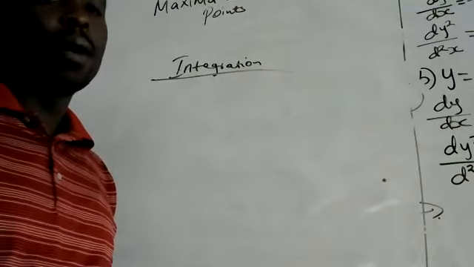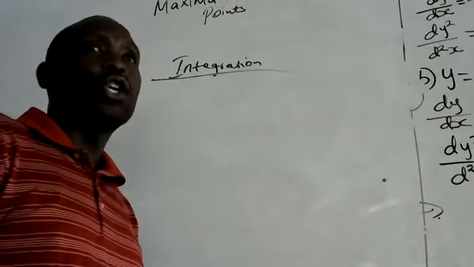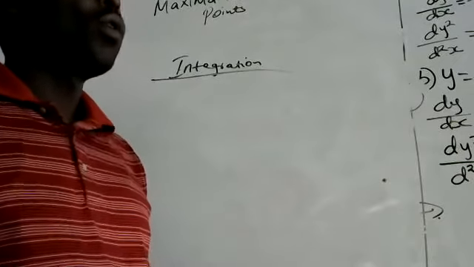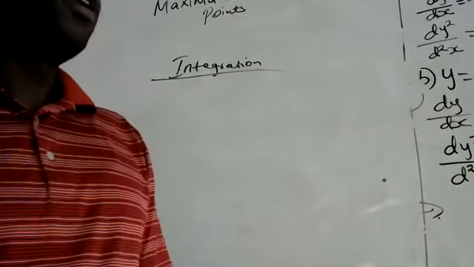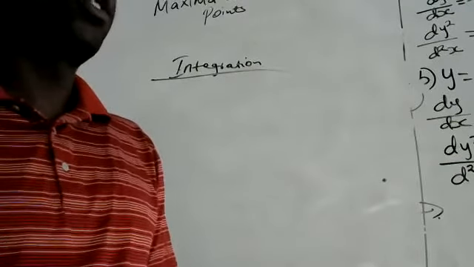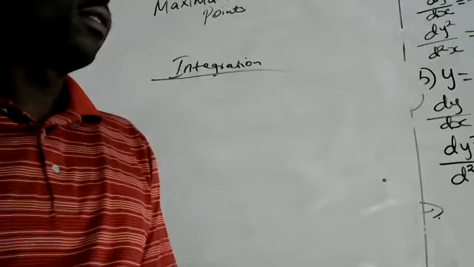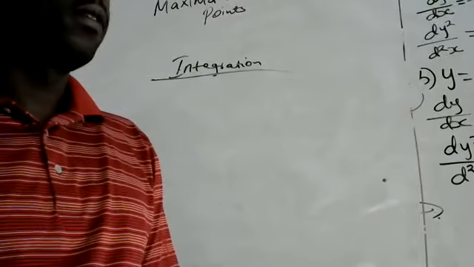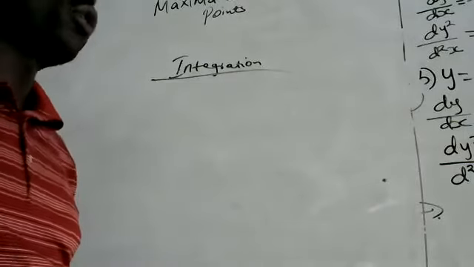It involves determining the total function when given the rate of change function, or derivative.